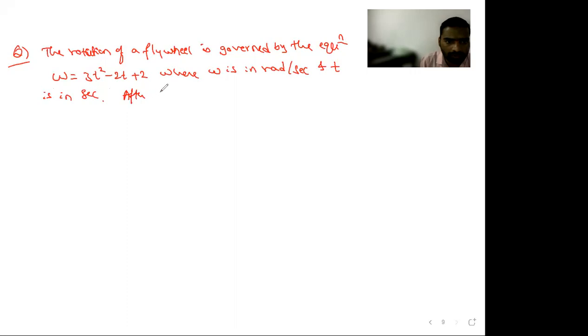After 1 second from the start, the angular displacement was 4 radians.